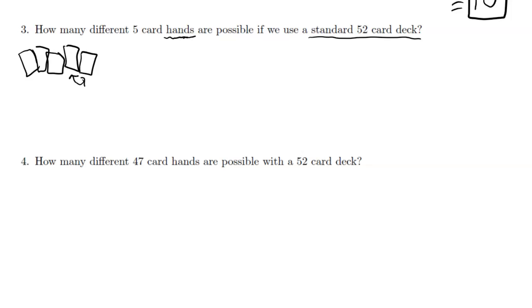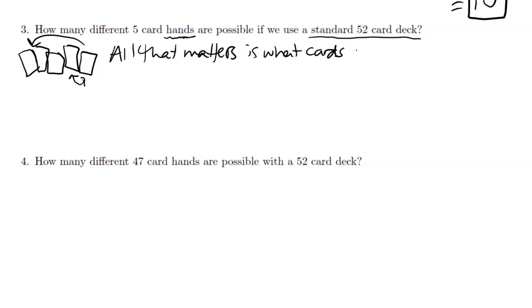I can then move them over here and put them between these ones. I can shuffle those cards up. It really doesn't matter. The only thing that matters is what cards are in the hand.